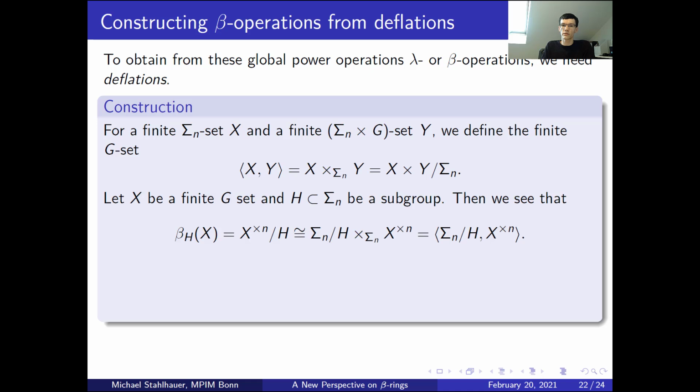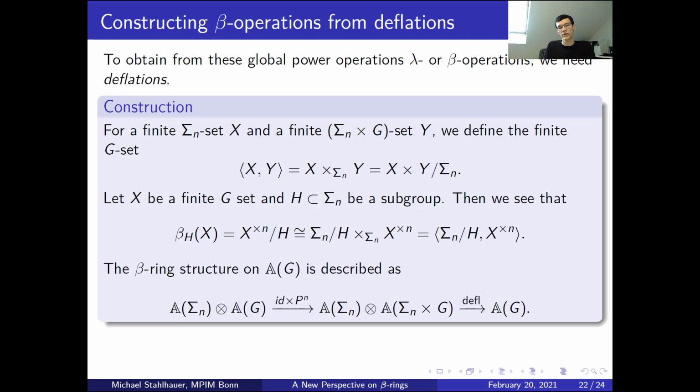And if we use this definition, we can recover our H-index beta operation by seeing that this is the same as this balanced product of an n-fold power of x and this transitive sigma n set sigma n mod h. So we can in fact factor our beta ring structure by first using these global power operations, and then using this deflation product.